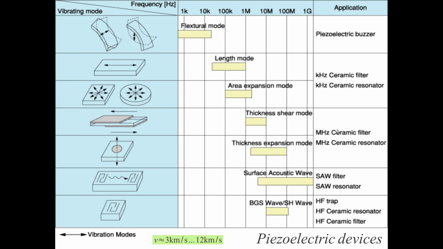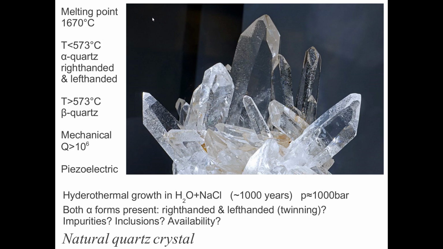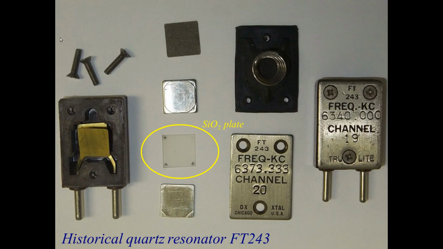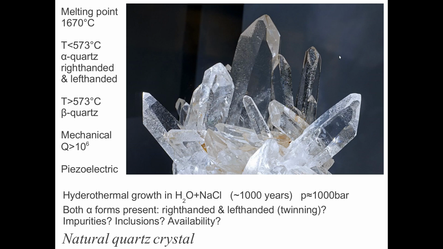Talking about quartz crystal, there is also a very nice movie on manufacturing such historic quartz resonators during the Second World War in the United States. It's available on YouTube.